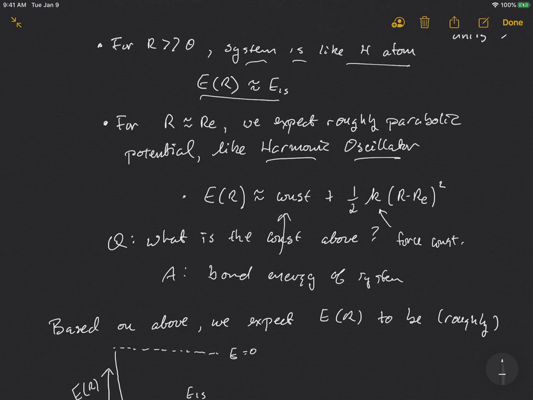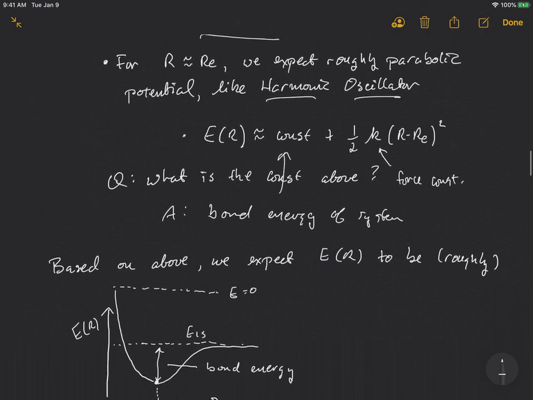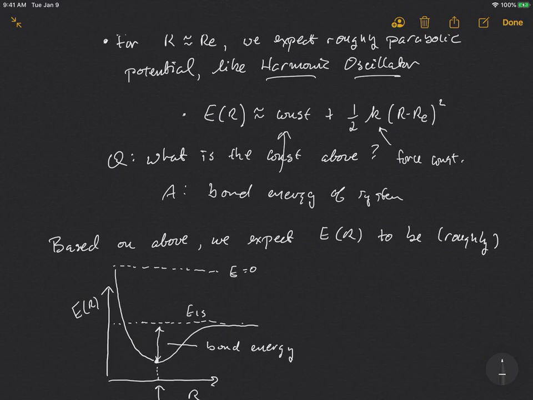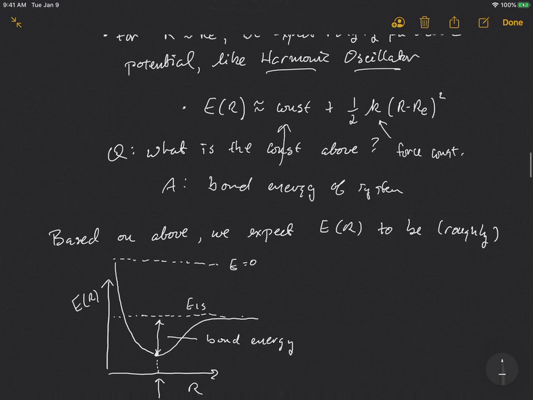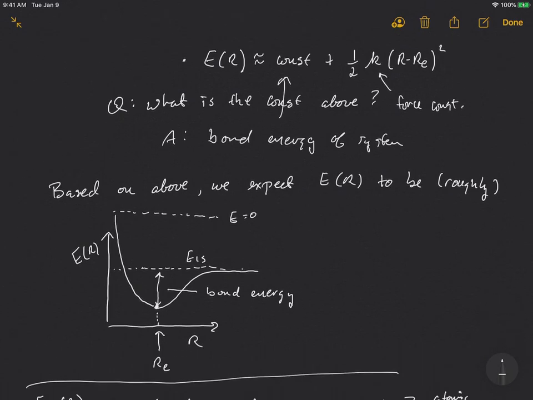So taking our thinking above and trying to distill it down into some kind of graph, we might expect that our energy is a function of R. So energy would be along the y-axis, and R would be along the x-axis here.